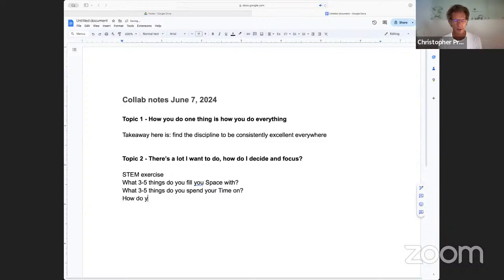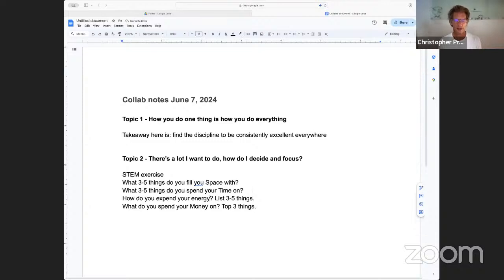How do you expend your energy? How do you spend your energy? List 3 to 5 things. And what do you spend your money on? What are the top 3 things?